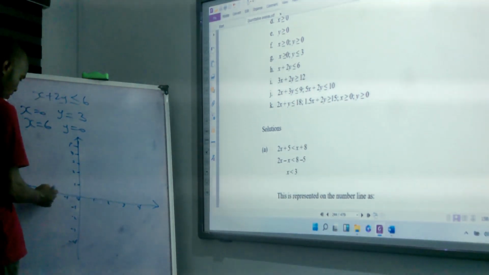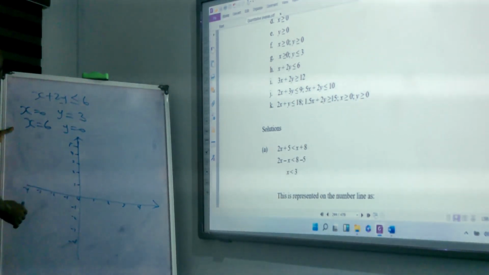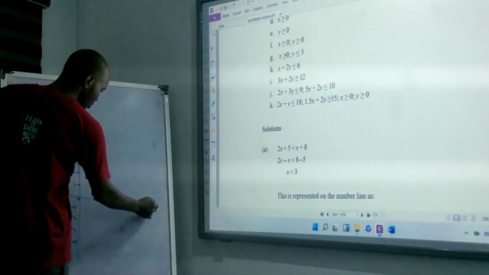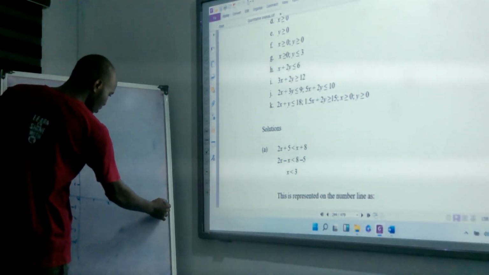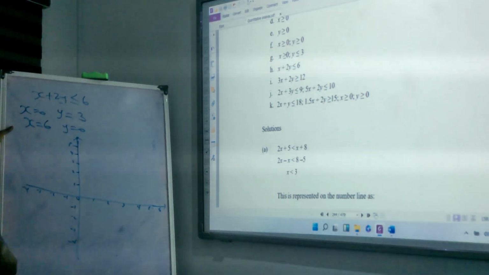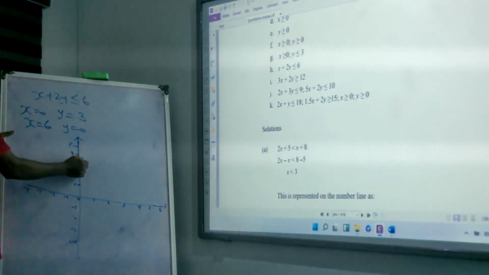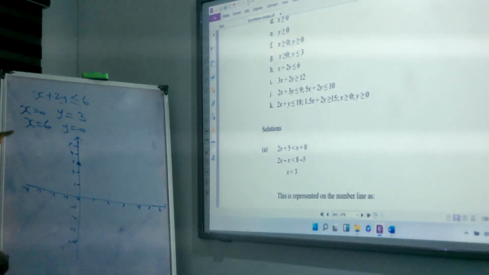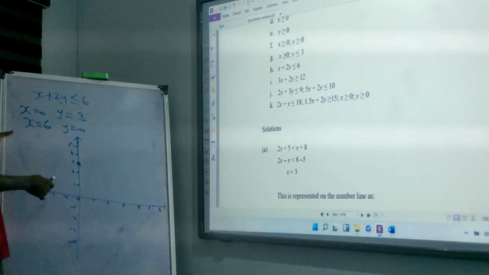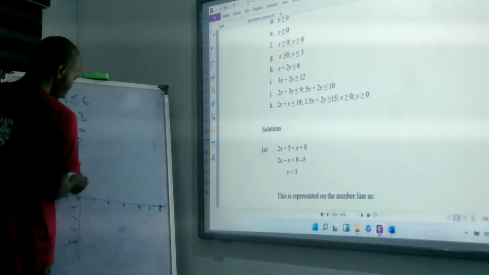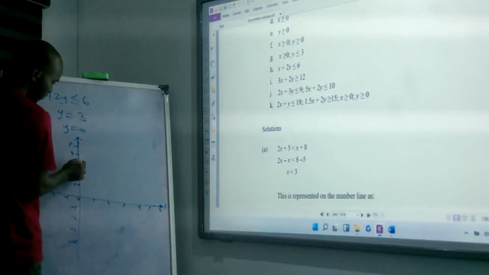So x goes up to 6, so 5, 6. Now when x is 0, y is 3, and x is 6 when y is 0. So we join the line together. A perfect straight line.